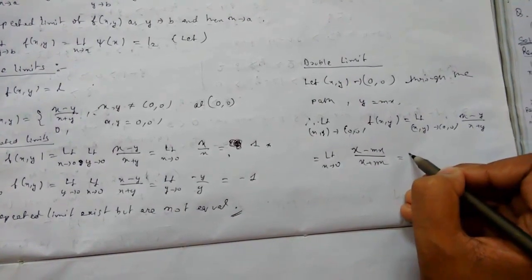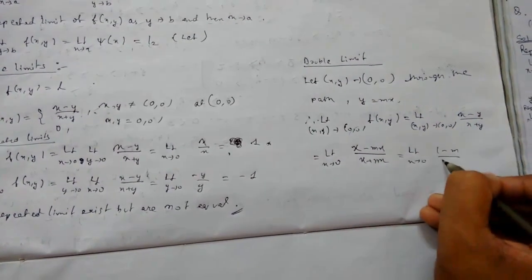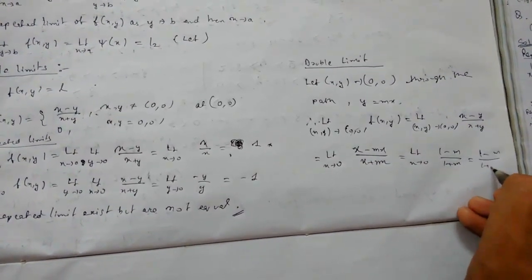Now taking x common, we get limit x tending to 0 of (1 minus m) upon (1 plus m). This will be (1 minus m) upon (1 plus m).